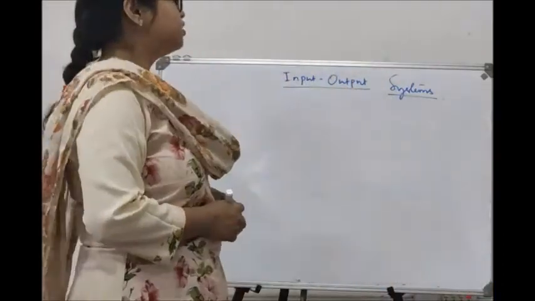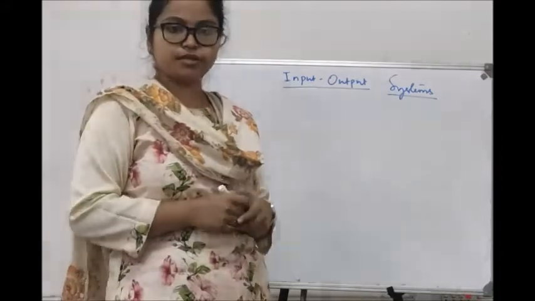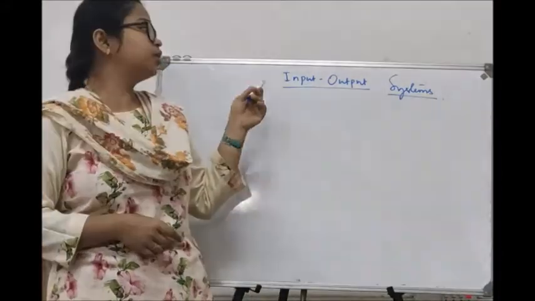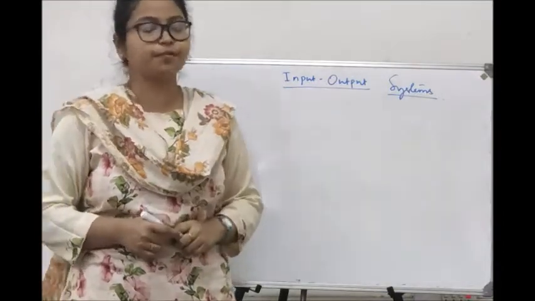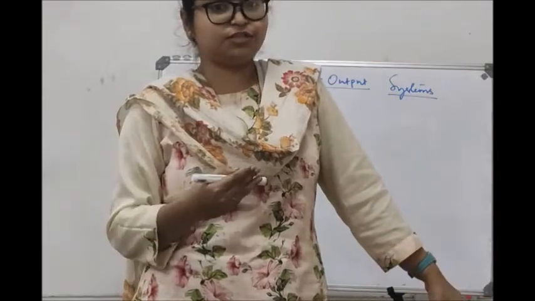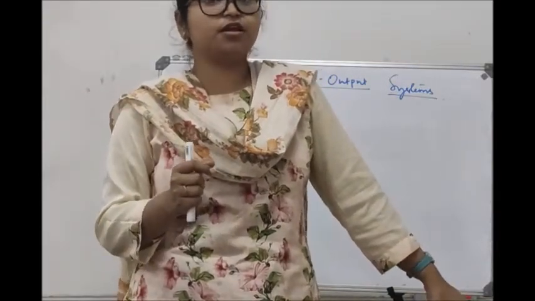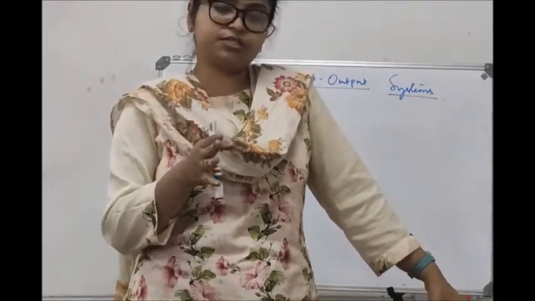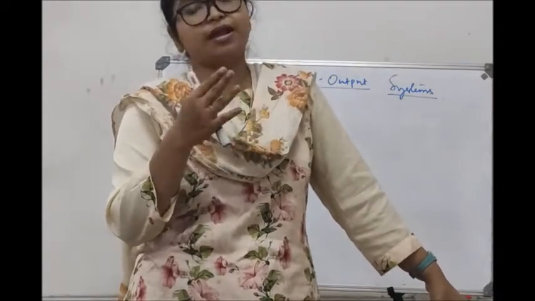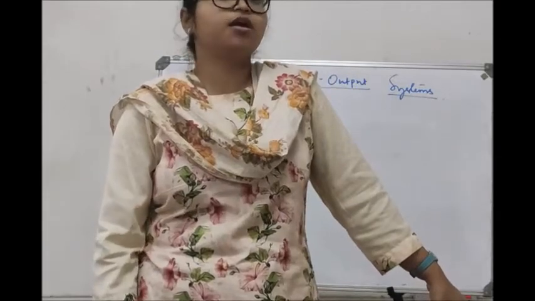Good morning students. So today in computer system architecture lectures, we will start with a new chapter called input output systems. Here we will discuss the IO interface, what IO devices are, and why we need an IO interface in order to communicate with the core system, that is the CPU and the memory unit of a computer.